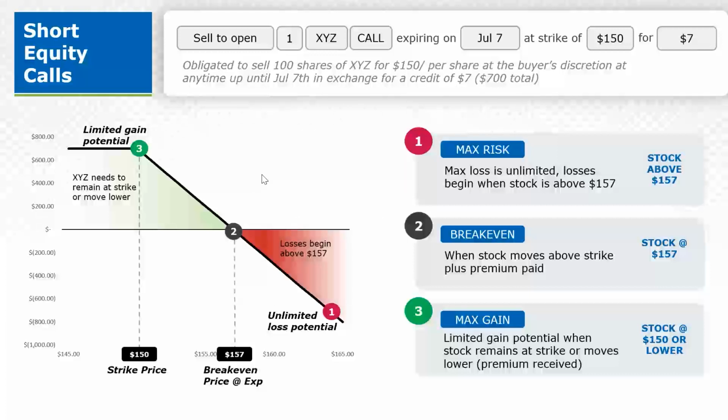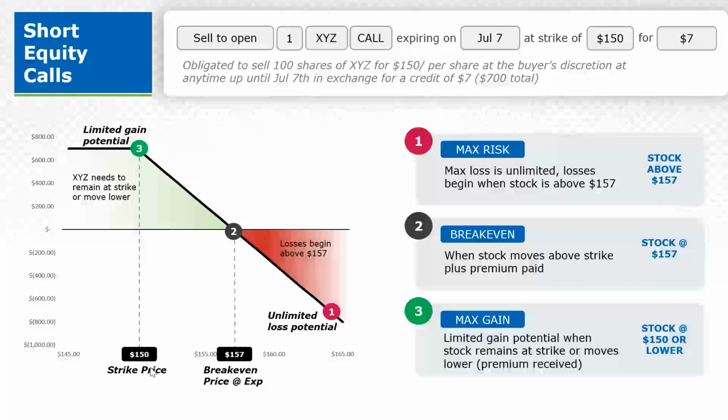And remember, this is a bearish strategy because you don't want to be assigned, and you won't be assigned if the underlying is below the strike price at expiration. So if you sold a call option, you want price to be below the strike price of 150.